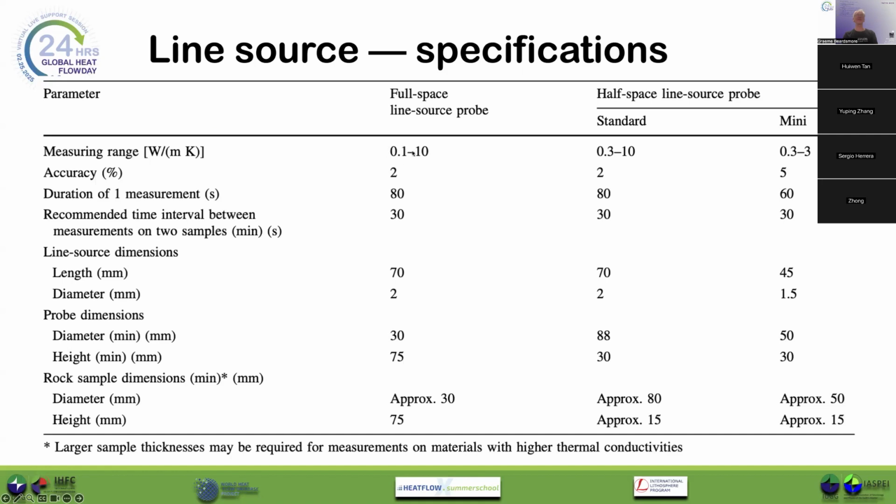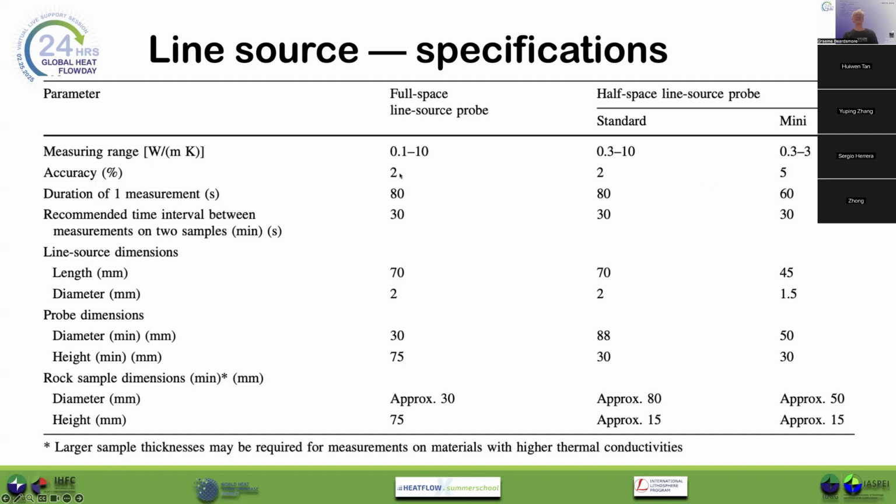So they're better for measuring lower thermal conductivity materials, which is good for unconsolidated material and organic rich materials. That's for the full needle probe that embeds fully into the material. For the half space, it doesn't go quite as far down to the lower end, but still more so than divider bar.